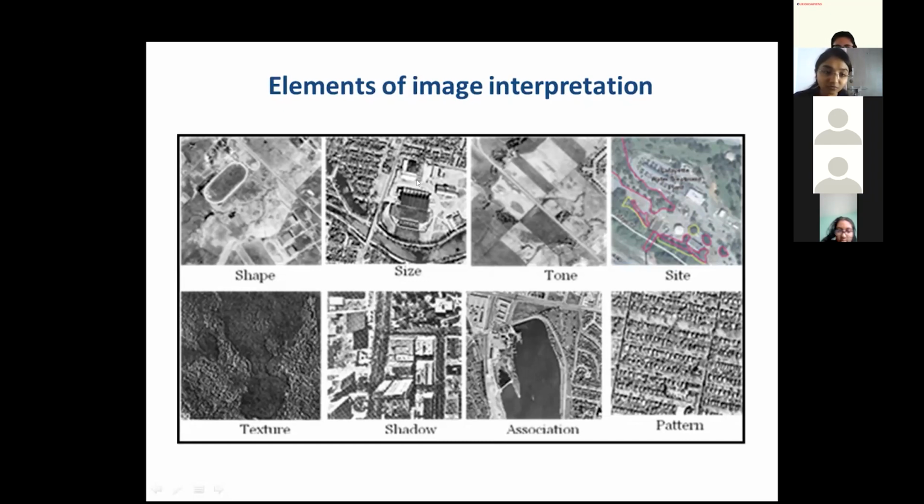Then what is next? It's texture. Okay, so now let's get a little bit more into detail. When we have distinguished between grassland and shrubland using tone, now shrubland is also a little dense, and forest area is also dense. So what will help? The element that will help is texture.